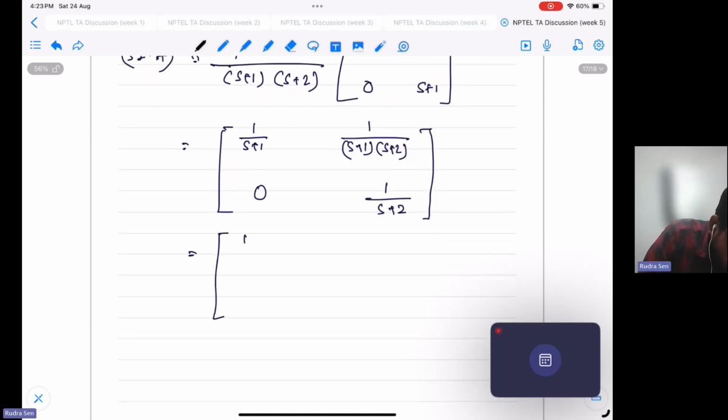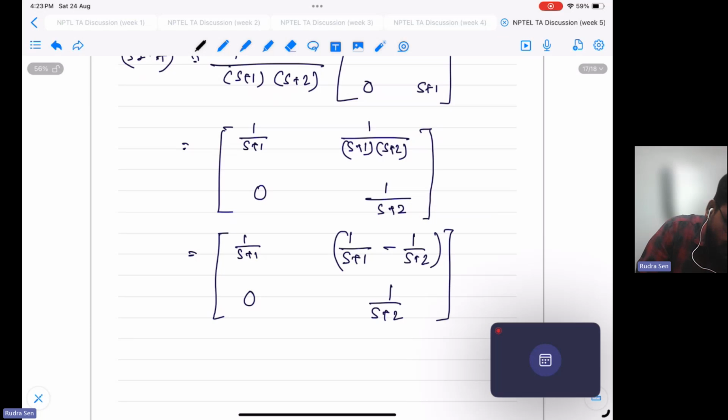So we can write 1 over (s plus 1)(s plus 2) as 1 over s plus 1 minus 1 over s plus 2.